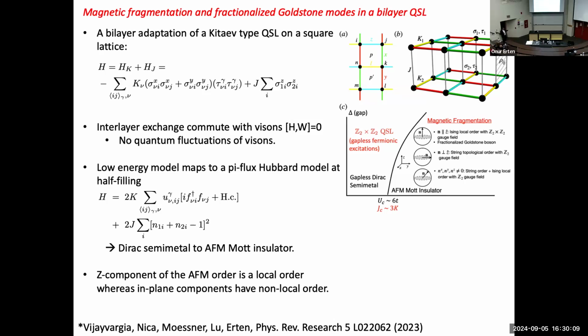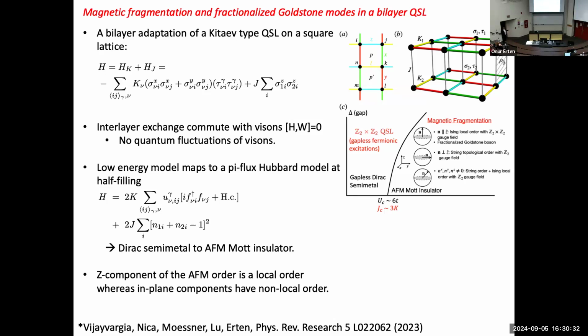If it is pointing along the z direction, then this is like a local order parameter. Whereas if it is pointing in the plane, then you don't have any local order parameter, but you have a long-range topological order, which is called a string order. Depending on your spontaneous symmetry breaking, you end up having different types of phases.